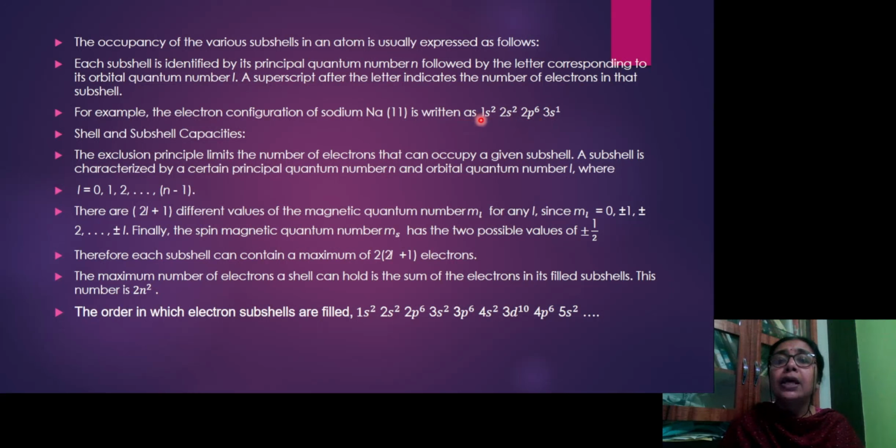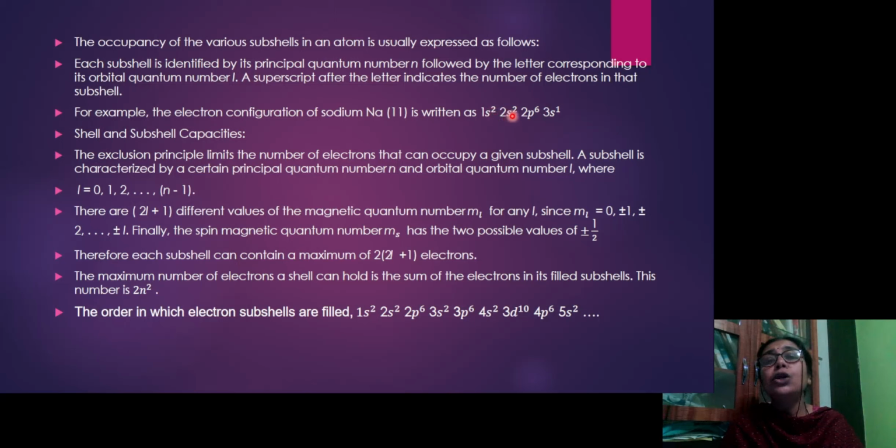See, here 1 signifies that the principal quantum number is 1. S signifies that orbital quantum number L is 0 and there are 2 electrons in this S subshell.